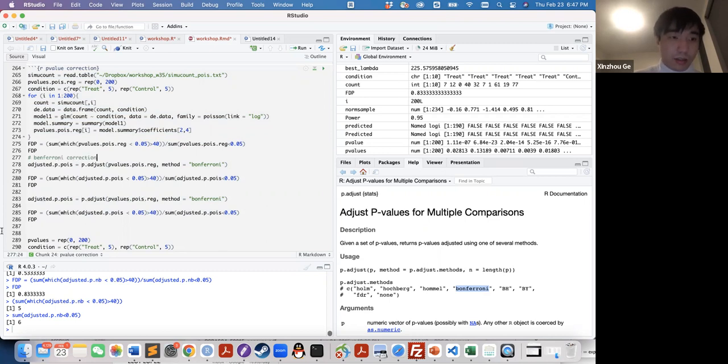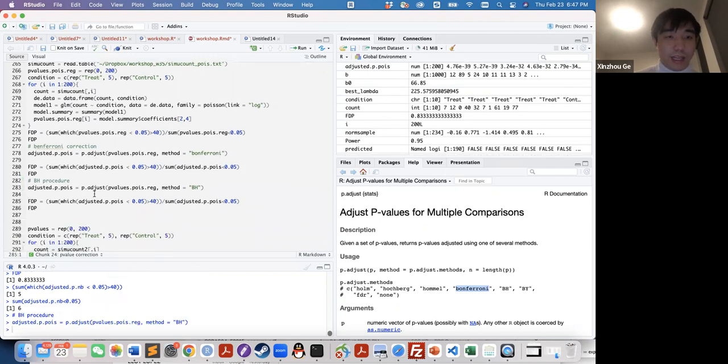And now we would like to do the BH procedure. So this time we will use method equal to BH to do the correction.